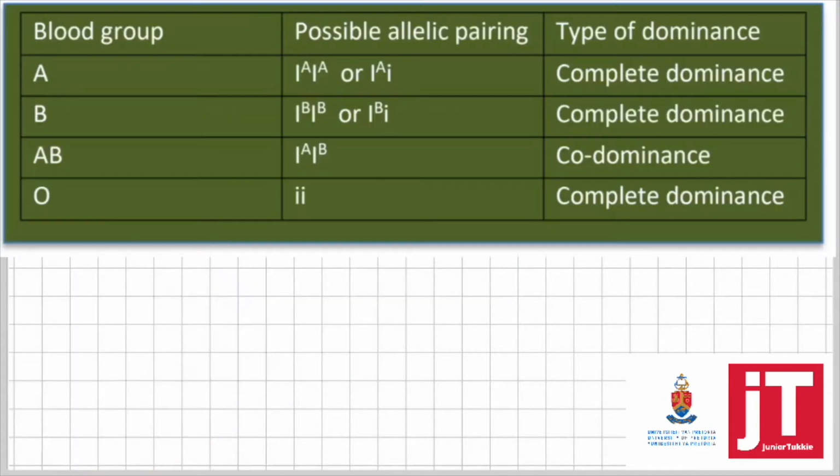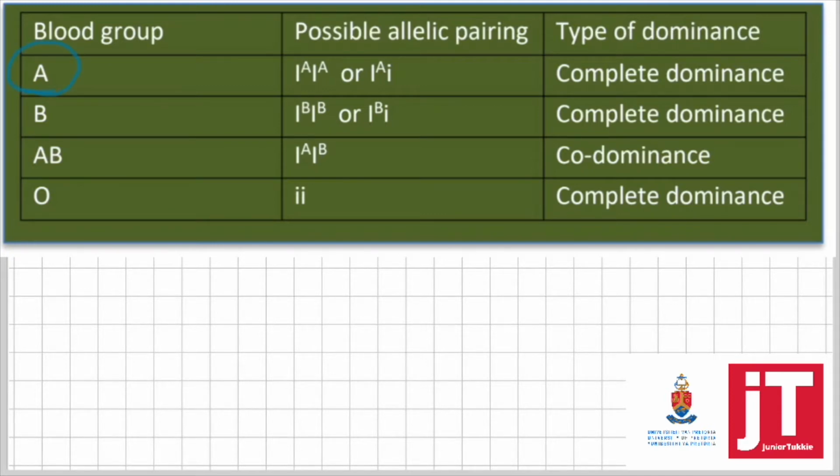You would have by now gone through your theory booklet, as I do assume that there is a basic understanding of this concept. Over here you're going to see a table of the listed phenotypic blood groups that we do get: blood group A, B, AB, and O, and then the allelic pairings that would result in the specific phenotype.